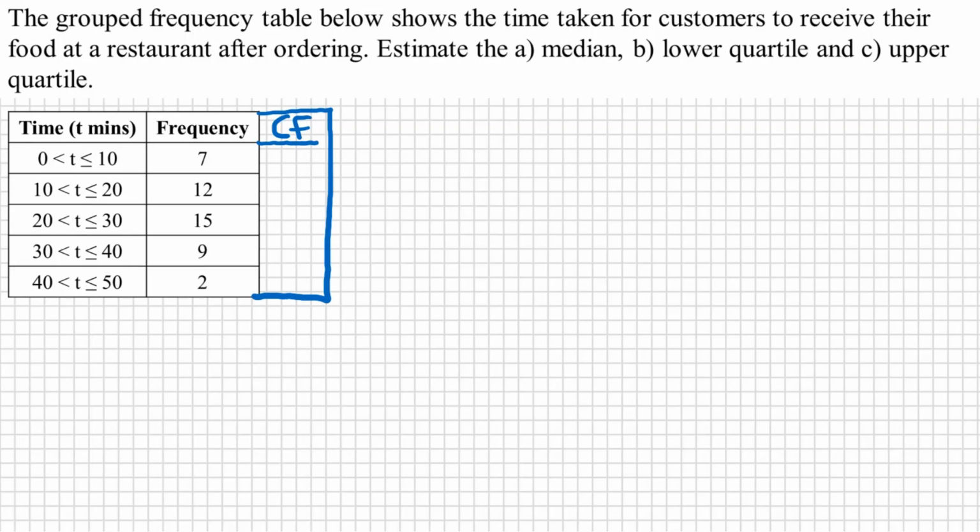To find the cumulative frequencies, we start with 7, and then 7 plus 12 is 19, and then 19 plus 15 is 34, and then 34 plus 9 is 43, and then 43 plus 2 is 45. So these are the cumulative frequencies, and using this we're going to make a cumulative frequency graph.